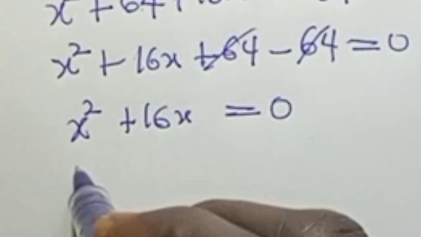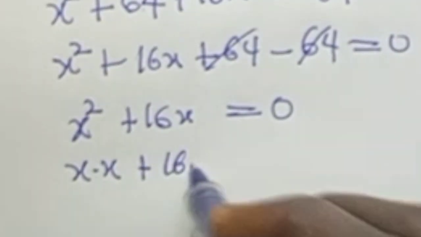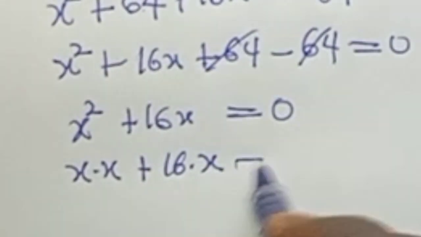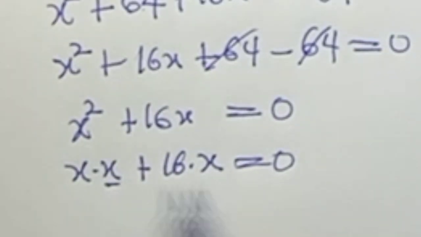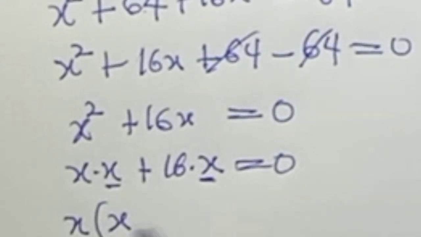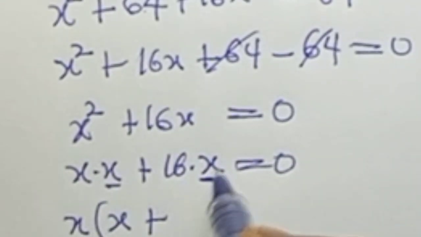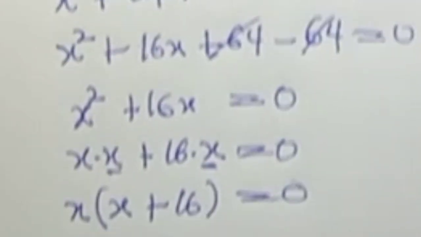And this is written as x times (x + 16) equal to 0. So what is common here is x. So if you factor out this x, x times x divided by x to be left with x, plus 16 times x divided by x, that is 16, equal to 0.